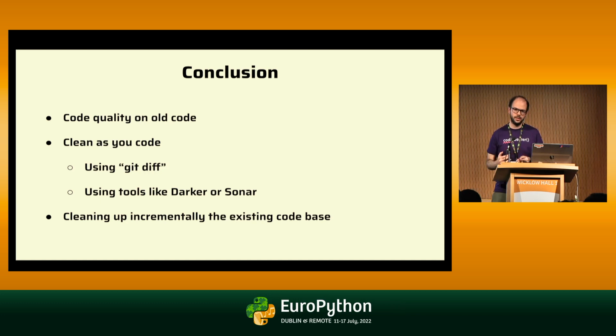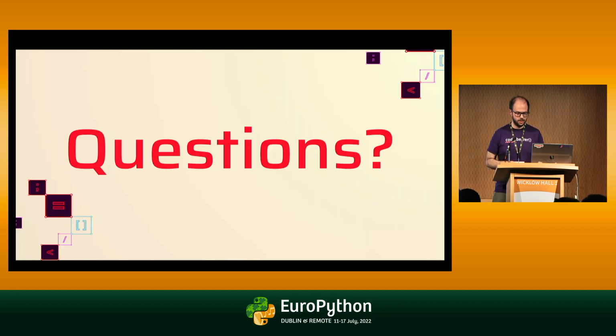And later we saw a more advanced approach based on Darker and Sonar, that works only on the changed lines. And finally, we saw that thanks to the clean as you code methodology, you also get a way to clean incrementally the technical debt of your project. That's all I wanted to say, and now I'm ready to take questions.